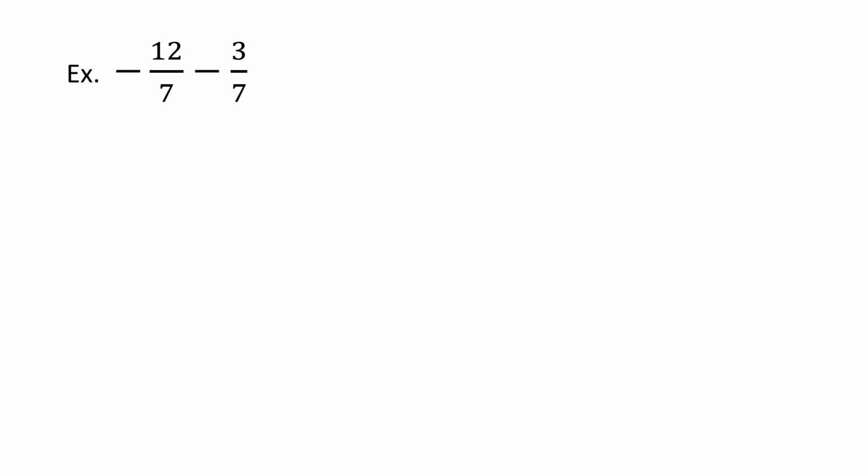So the first problem is negative 12 over 7 minus 3 over 7. So first thing first is you always want to put your negatives into your numerator. So you're going to have negative 12 over 7. This is negative 12 over 7, right? And what do you call this?